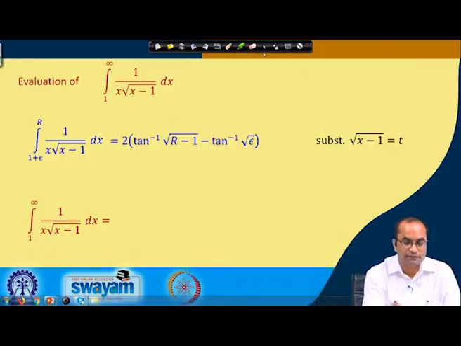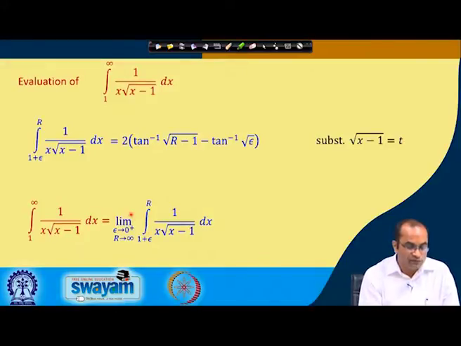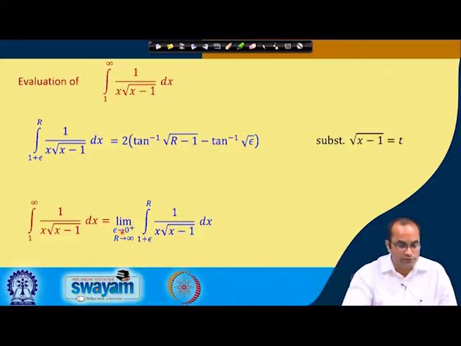With this we can now approach the given integral, 1 to infinity of 1 over x times square root of x minus 1 dx. We get it when we take the limit epsilon to 0 and r to infinity. So in the value of this integral we pass the limit as r approaches infinity and epsilon approaches 0. When r approaches infinity, tan inverse of infinity becomes pi by 2, and minus tan inverse when epsilon approaches 0, so tan inverse 0 becomes 0.